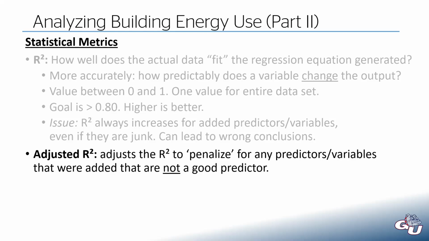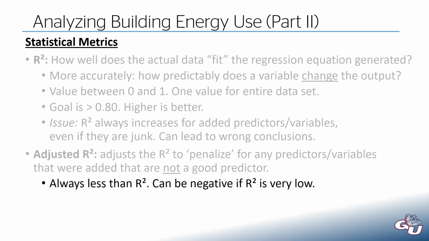So if you thought, well, maybe the energy use is tied to this other thing going on over here, and you add that variable in, but it's not a good fit, that will bring down the adjusted R squared. If it is a good predictor, then the adjusted R squared will still be nice and high. Ultimately, this is always going to be less than the regular R square value. It can even be negative if your regular R square is really low.